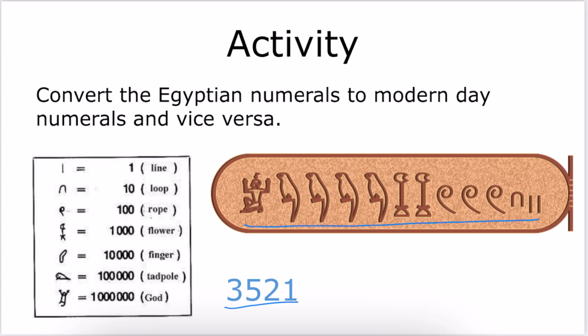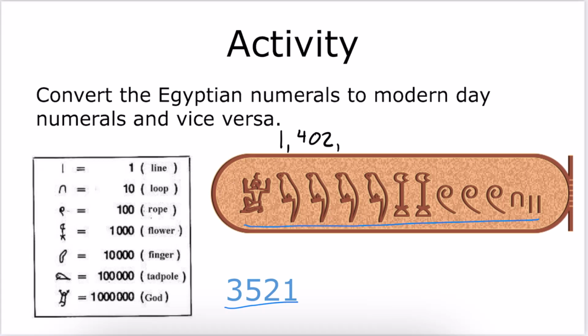Okay, so on this first one, the modern day numeral that would represent this Egyptian numeral would be 1,400,000. And then I don't have any bent fingers, so I wouldn't have any 10,000s, but I do have 2 lotuses. And so I would have 2,000.